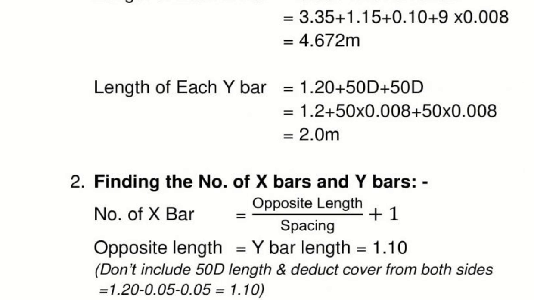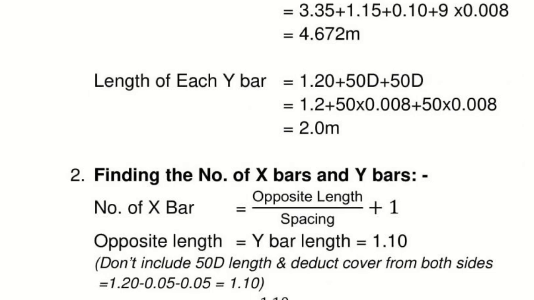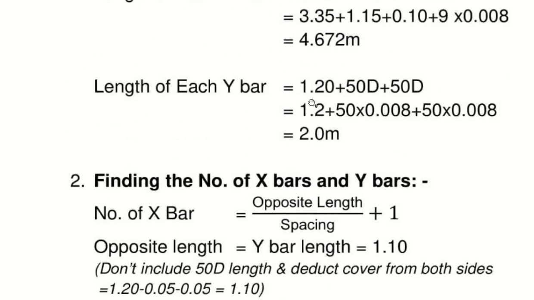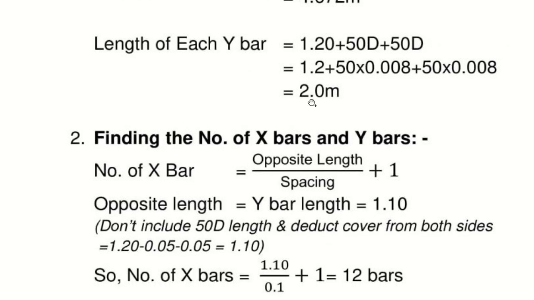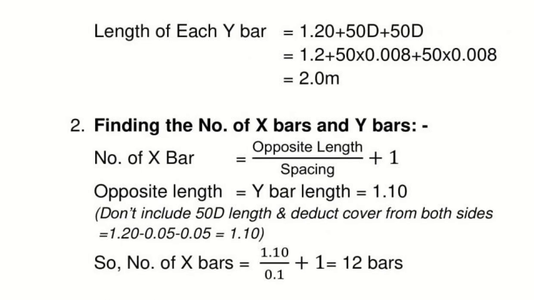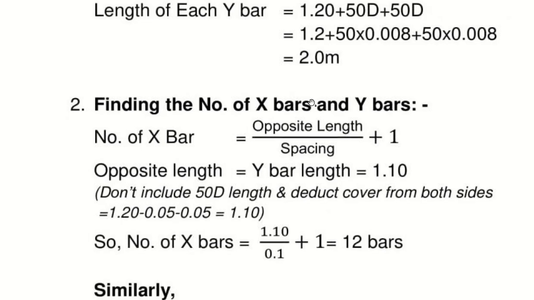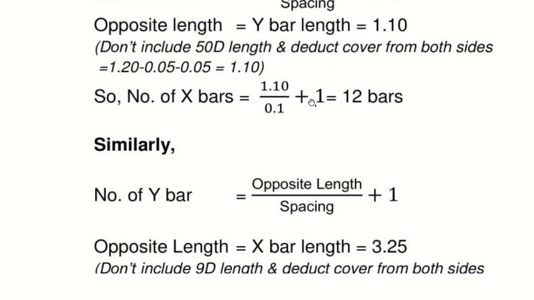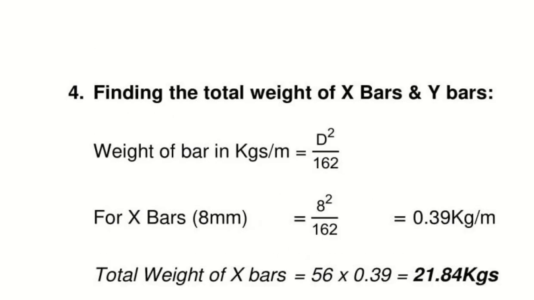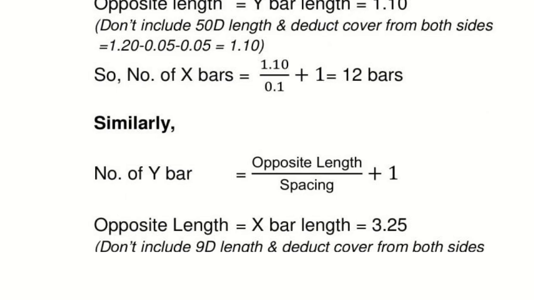Number is not mentioned, you mentioned it yourself, 12 bars. So 4.672 multiplied by 12 bars, this is for the x direction. For the y direction, 2 multiplied by 3.25 divided by 100 plus 1.